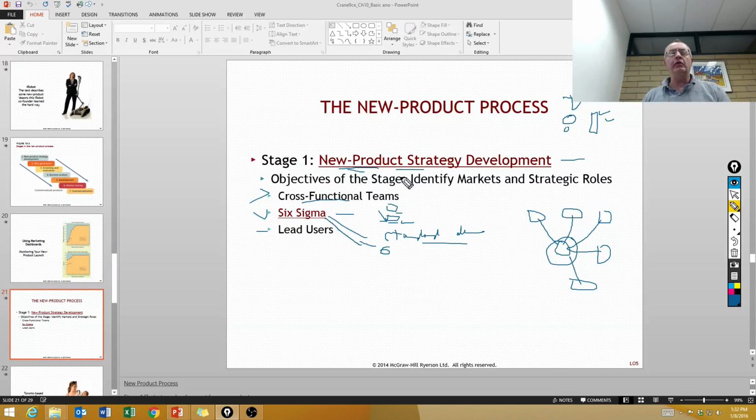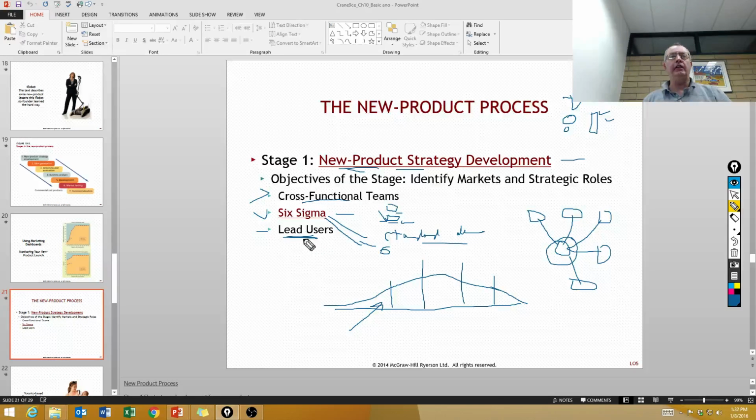Okay, so another way the company can help define what kind of product it is looking to develop is to consult with so-called lead users. We haven't quite come to it yet, but we have the product life cycle, and in the product life cycle, consumers adopt the use of a new product at different stages, and the lead users are these so-called early adopters.